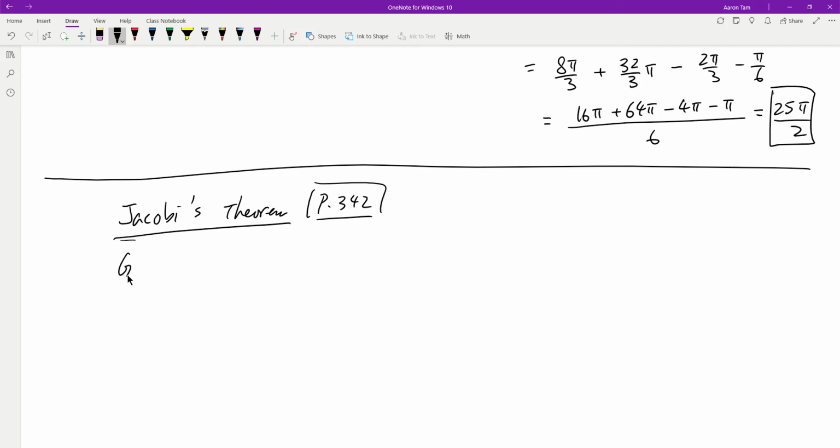Let's say we're given a coordinate transformation T in Rn. We don't know what this transformation is. It could be anything, as long as it satisfies the conditions needed for a coordinate transformation. But let's say we have this coordinate transformation.